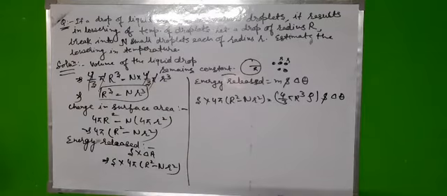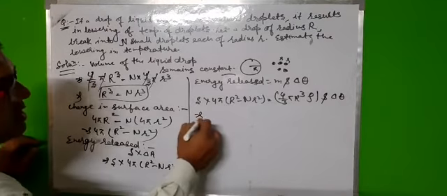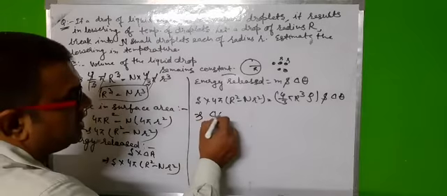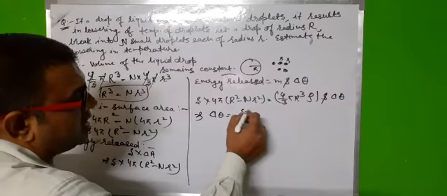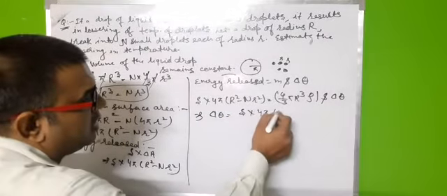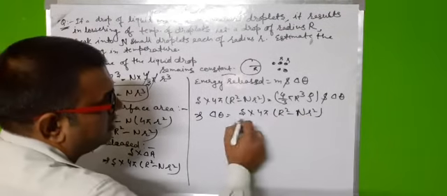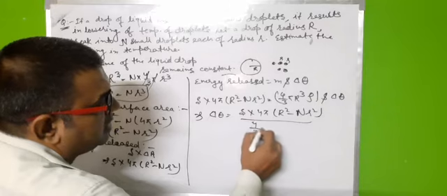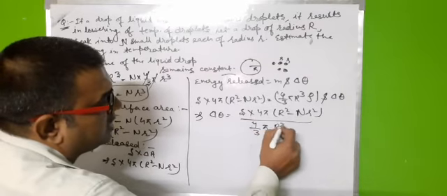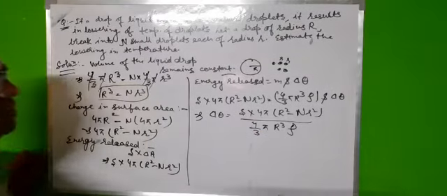Now from here we will calculate the value of delta theta. Delta theta is equal to S into 4 pi R square minus n r square upon 4 by 3 pi R cube into rho.